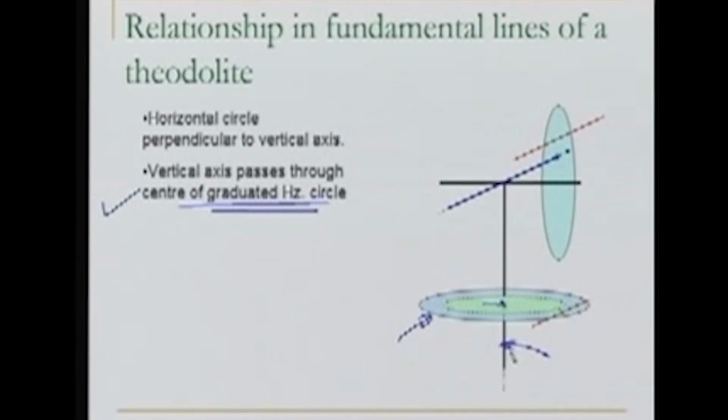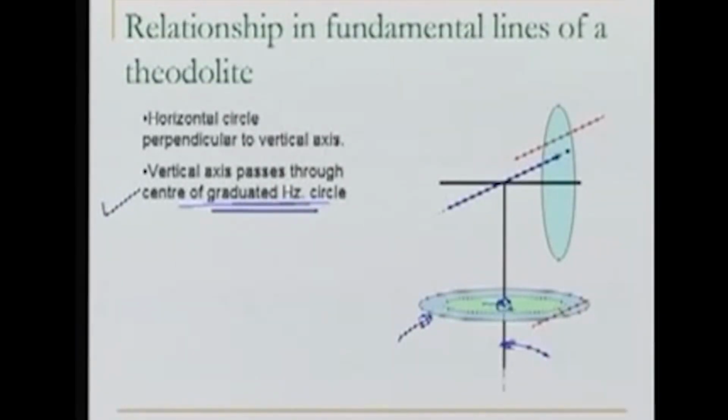Because all the observations for the horizontal angle that we are taking are with respect to this particular point, and our circle is also graduated with reference to this point only. This is the origin. All the angles are being measured with reference to this point. So this is why the vertical axis should coincide with the center of the graduated horizontal circle.